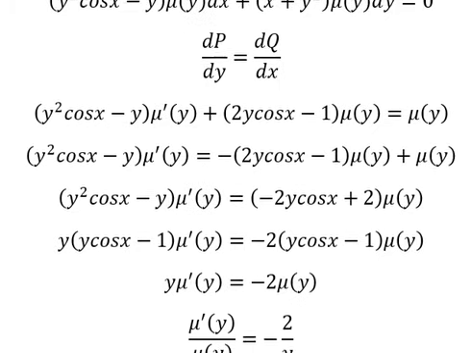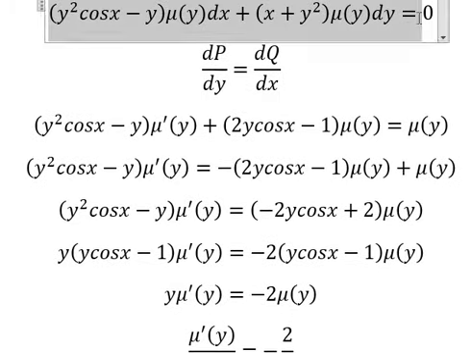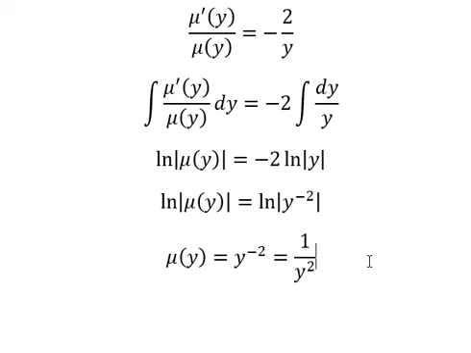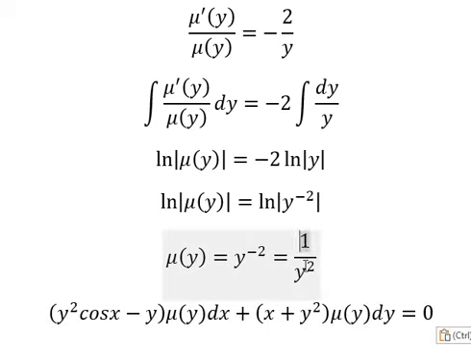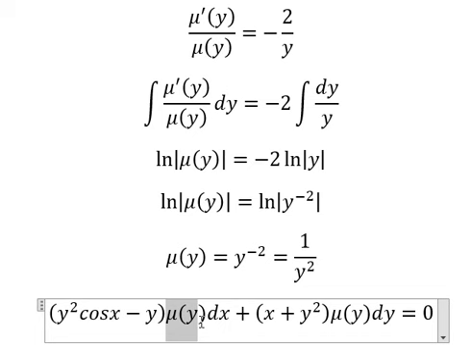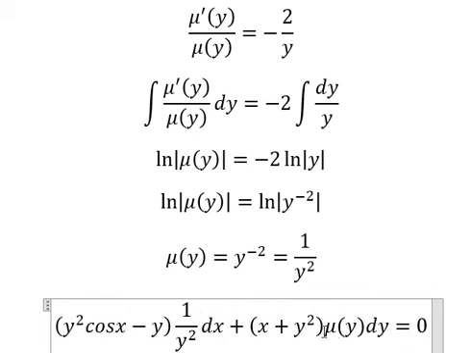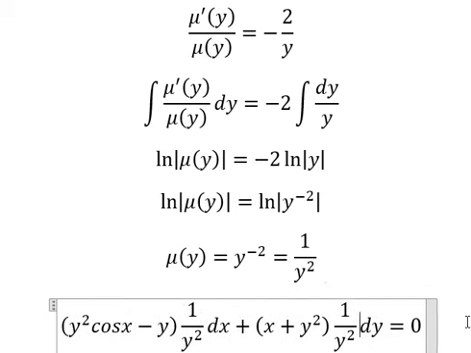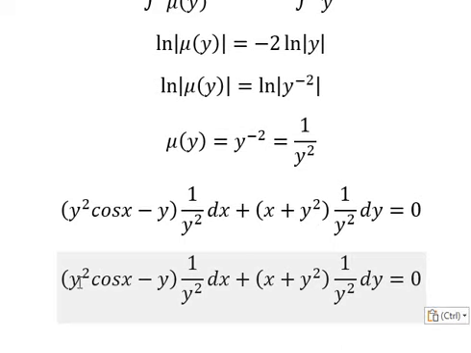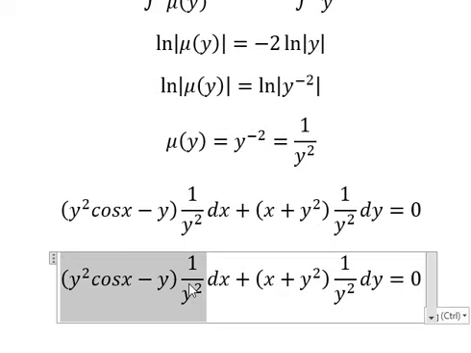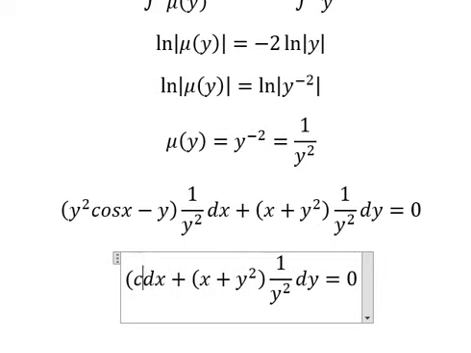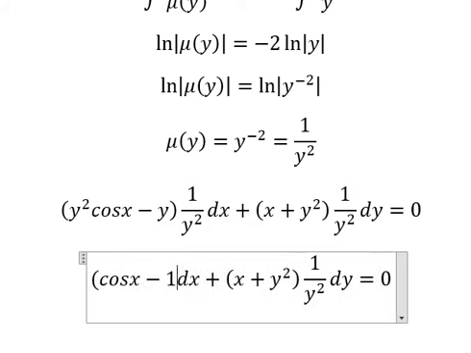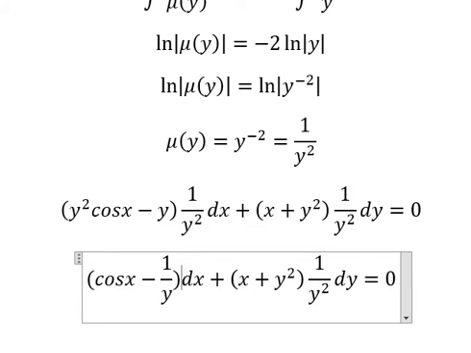Now we go back in here. So we multiply both sides by 1 over y squared. So this one in here, we have cosx minus 1 over y.